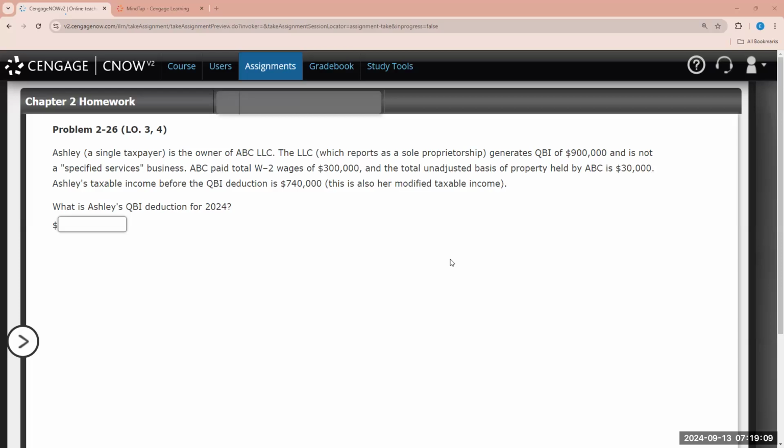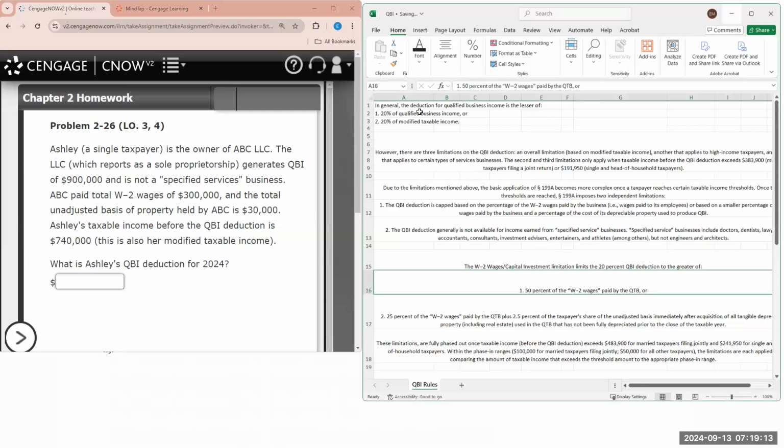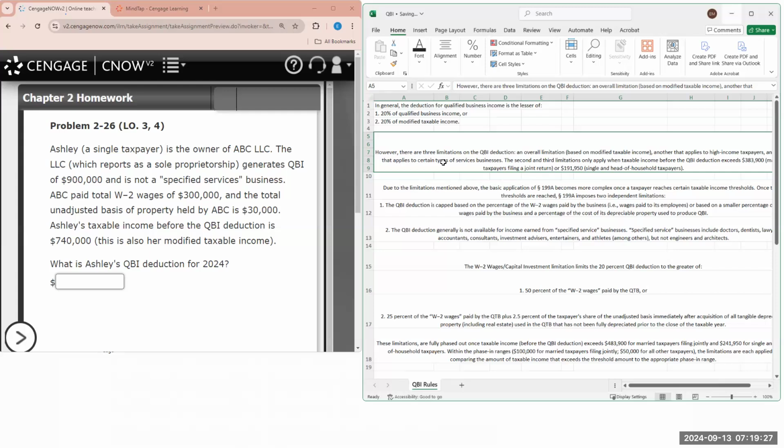So hold up. Now we need to look at the rules, because as we can see here, we know that in general, the deduction for qualified business income is the lesser of 20% of qualified business income or 20% of modified taxable income. However, there are 3 limitations, right?